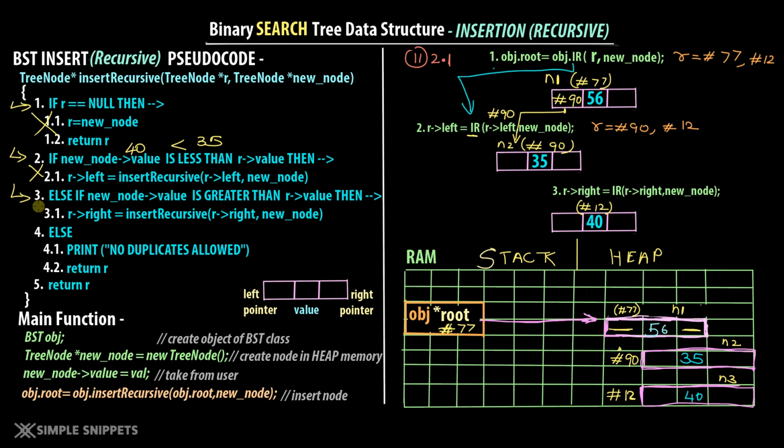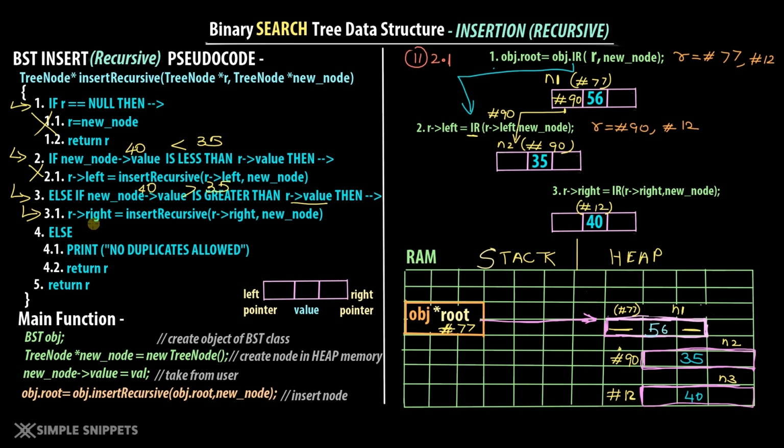So now we proceed with the third statement. In the third statement, we check if the new node value, which is 40, is greater than r of value. r of value we just said is 35. So is 40 greater than 35? Yes. So this time we have to go to the right of n2.